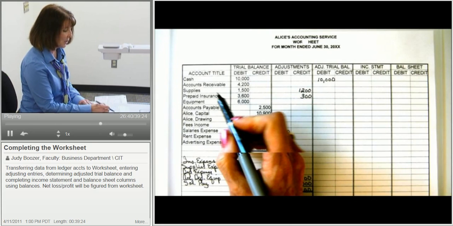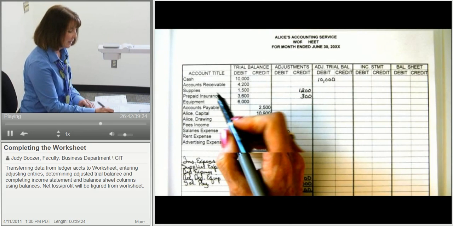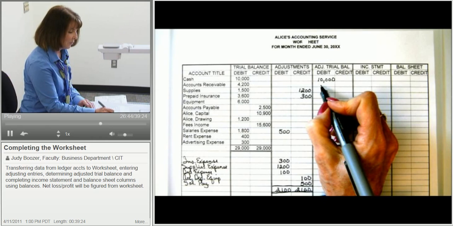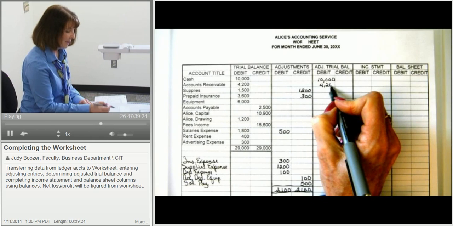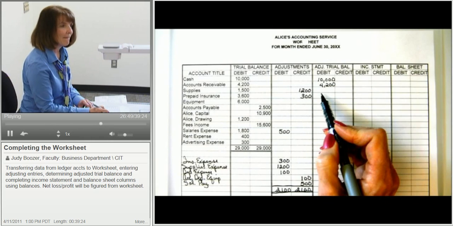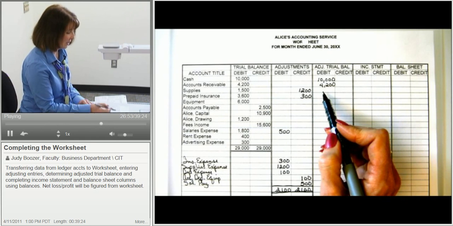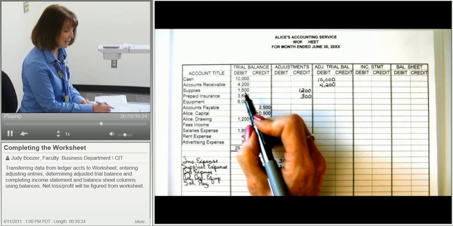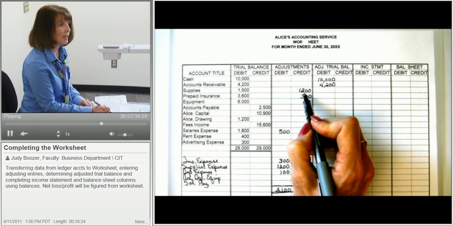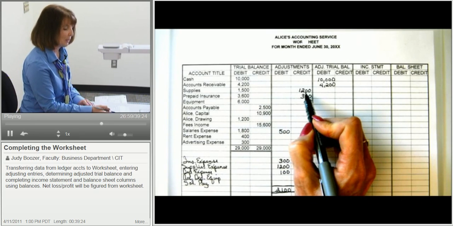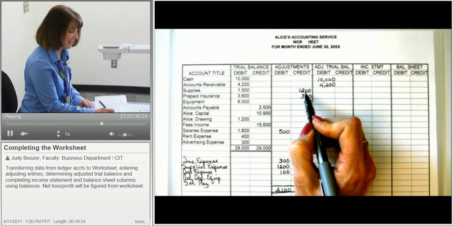How about accounts receivable? Bring over 4,200. How about supplies? Take a look here. 1,500 debit, 1,200 credit. What's the balance? 300. It's still a debit.